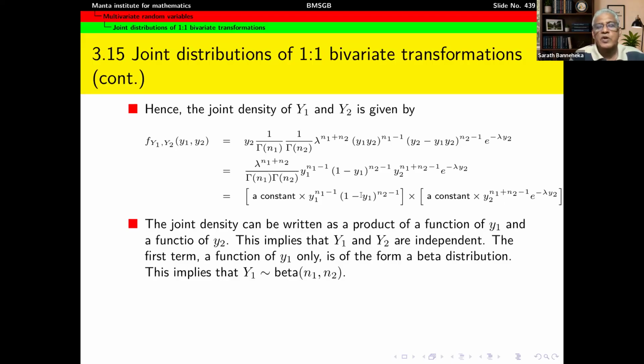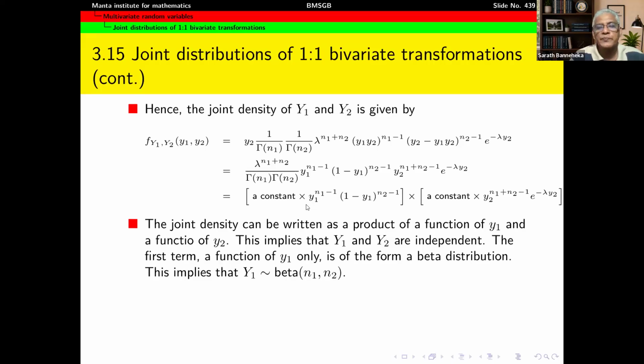So that means this y1 and y2 that we have considered are actually independent, right? So therefore, whatever the expression of y1 is should be proportional to the density function of y1, right? So I have just written down a constant times this and a constant times this, right? So this part helps us to identify the form of the density function of y1. So the density function should have the form of a constant times this expression.